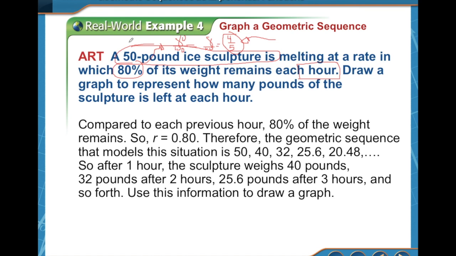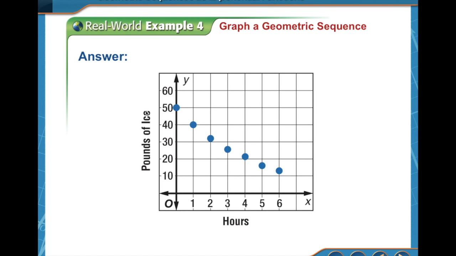So let's see what that would look like. Don't worry about those words. So it would look like this. Now try to generate a picture for yourself. So if you see on the leftmost point, we start up at 50. At time 0, that's when the sculpture is brand new. 1 hour later, it started to melt, and it's melted to reduce to 80% of what it had originally.